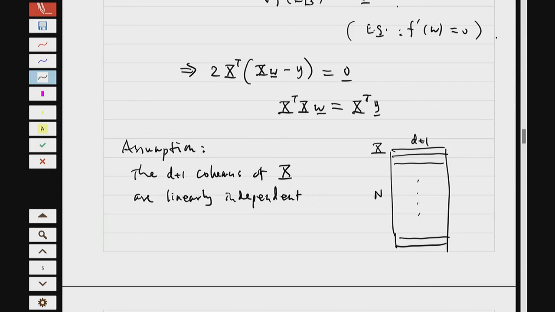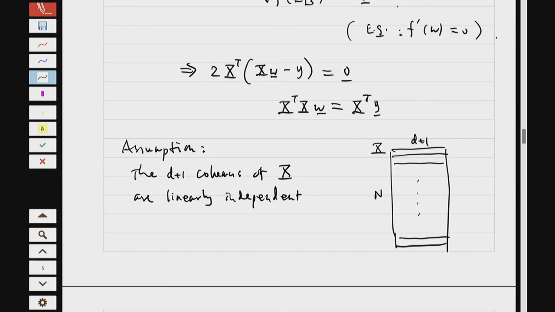Now, the rank in terms of columns and the rank in terms of rows will be the same. So this is the same as saying that we need d plus 1 examples that are linearly independent. So we have d plus 1 rows that are linearly independent.